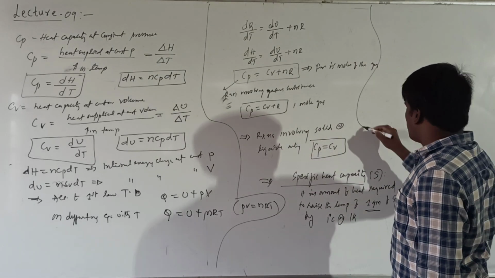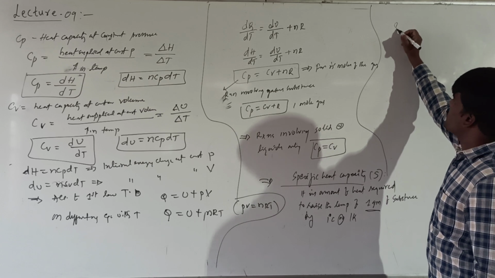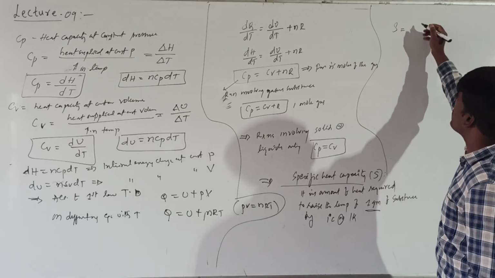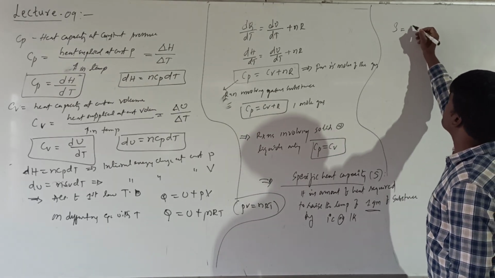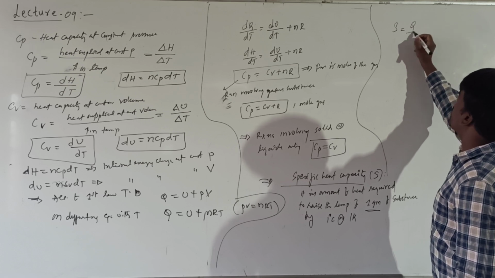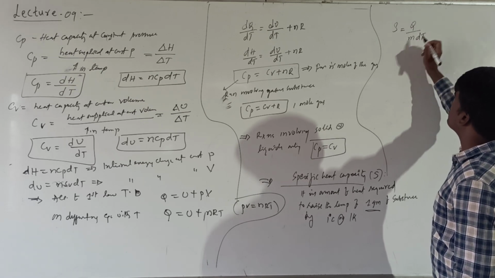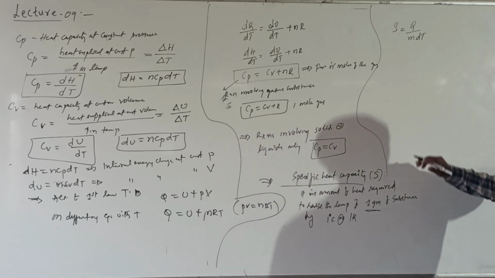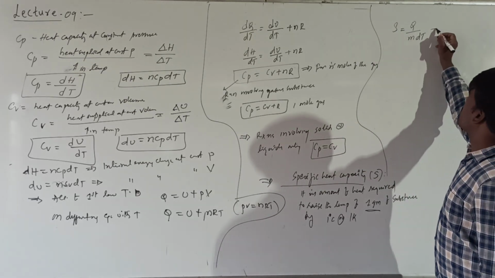From this, what can we write? Specific heat capacity, S, will be equal to Q upon m dT. What are the units of this S?